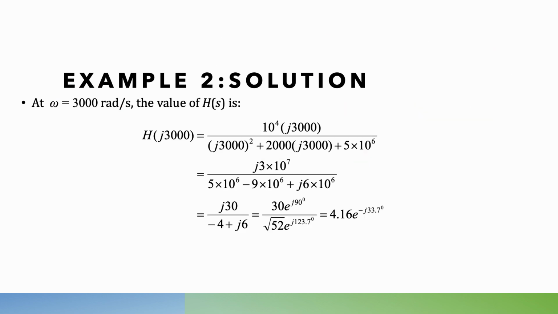But that's not finished yet. We have another value of omega, which is 3000. So just replace the value of omega in the same equation with 3000, and we can see the final answer that we get should be as such.